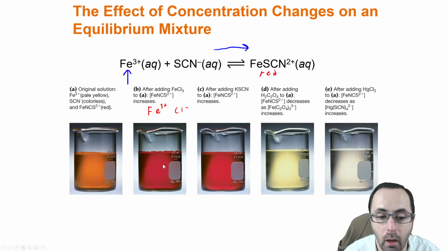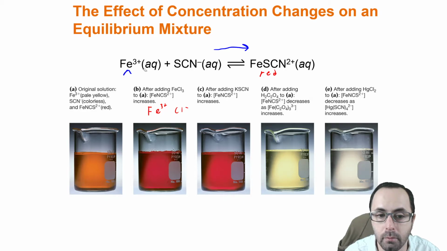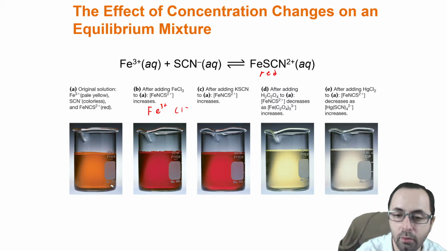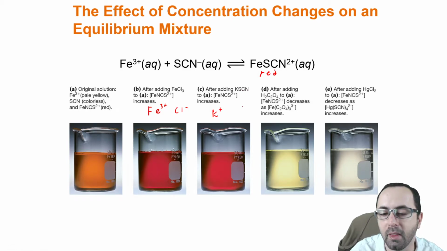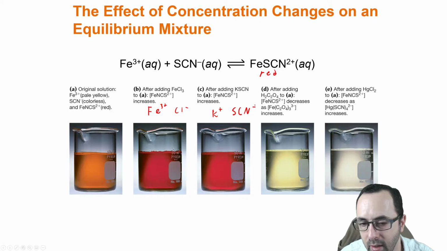Now, alternatively, we could also add more of the thiocyanate ion. If we're adding KSCN, that has potassium ions, but that's a spectator. It's not going to do anything. What's important is that this is adding thiocyanate ions.